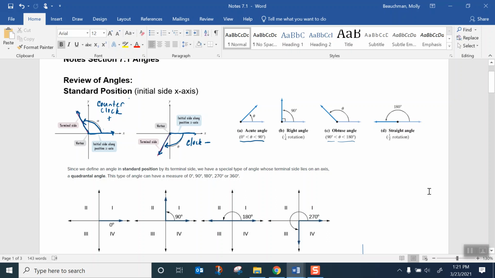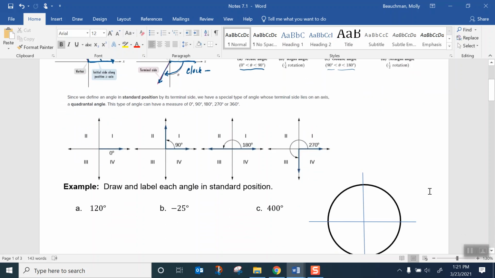So if we take a look at some of the angles in standard position, since we define an angle in standard position by its terminal side, we have a special type of angle whose terminal side lies on an axis. They're called quadrantal angles.